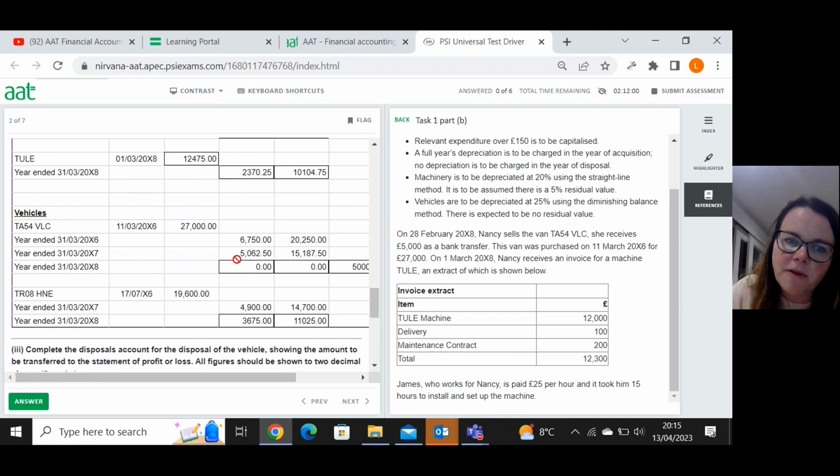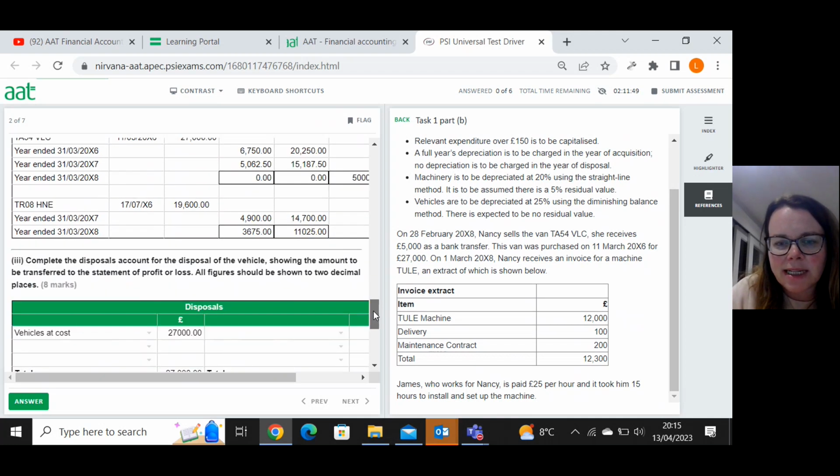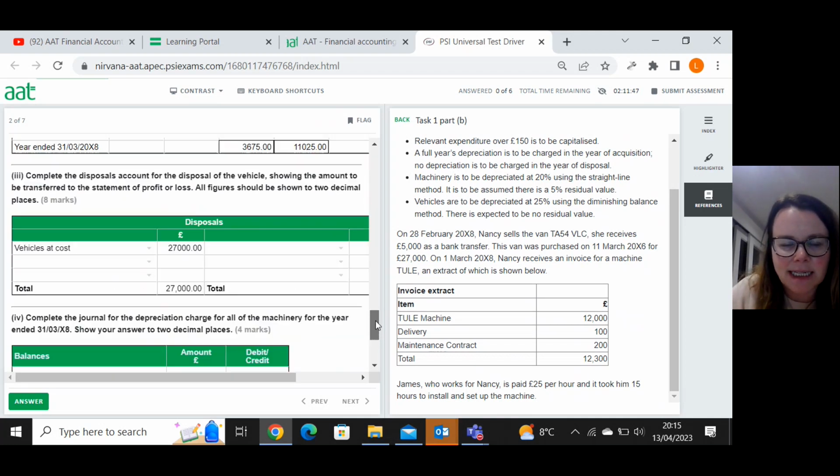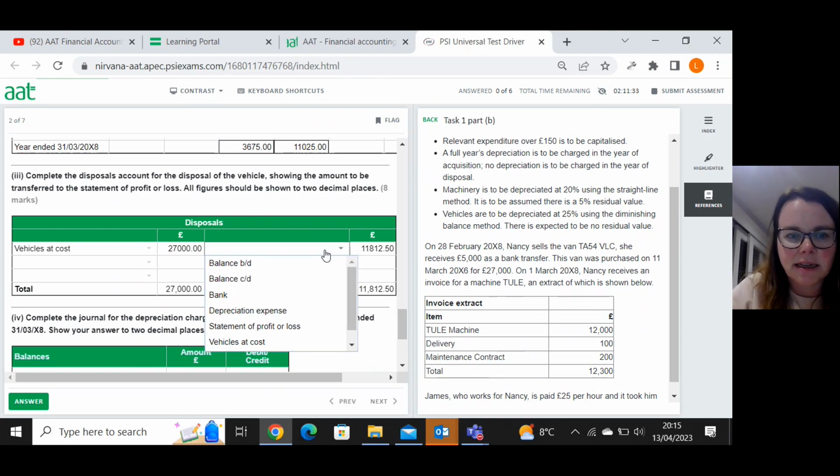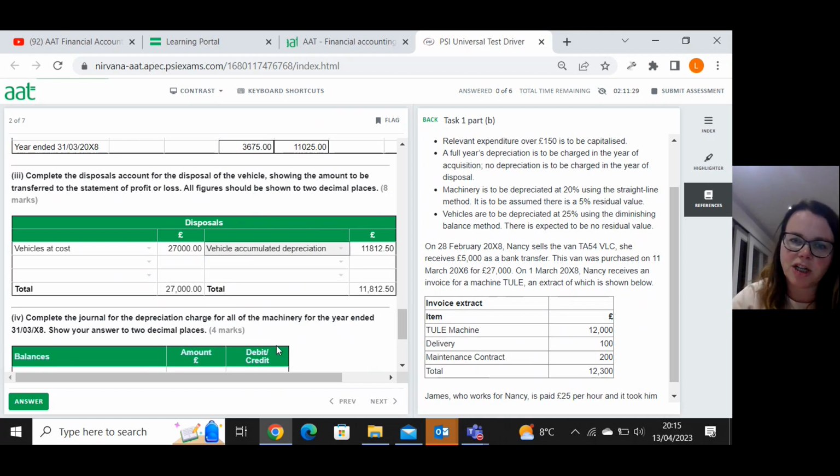So the sum of all that depreciation will be sitting in our accumulated depreciation account as a credit balance. So we now need to debit accumulated depreciation and credit our disposals account with that figure. And the narrative is that it's the vehicle accumulated depreciation.